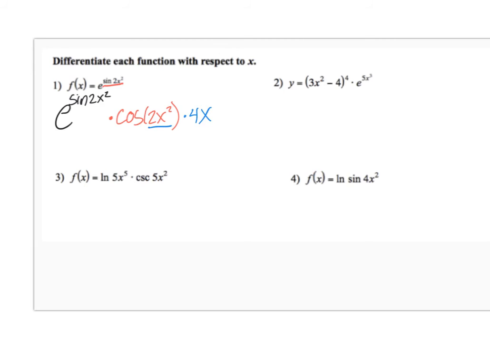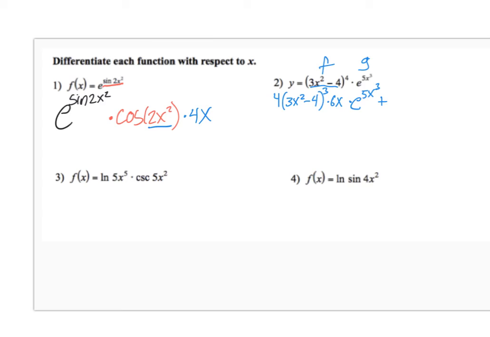Looking at number 2, we've got a product rule, and then we're going to have some chain rules inside of that. So there's my f and g. Derivative first is going to be 3x squared minus 4 to the third power, multiplied by the derivative of the inside, 6x, just 6x, times g, e to the 5x cubed.